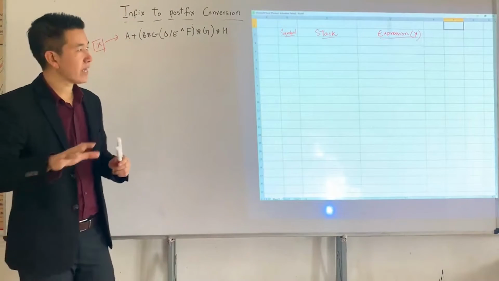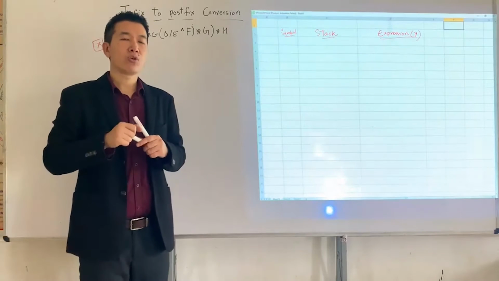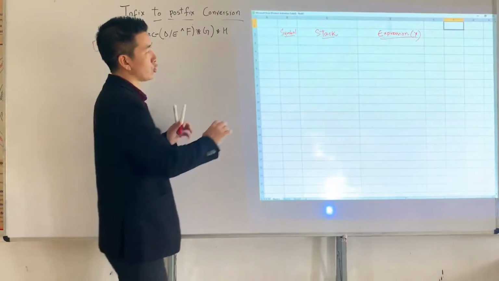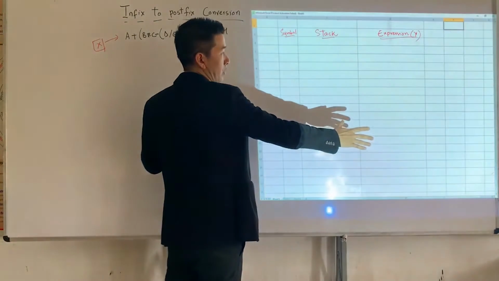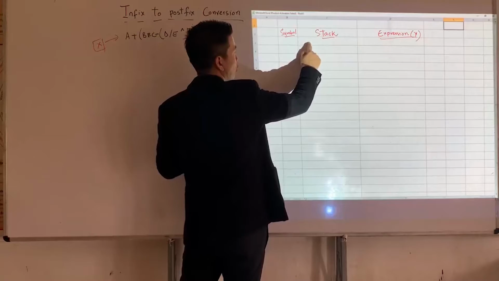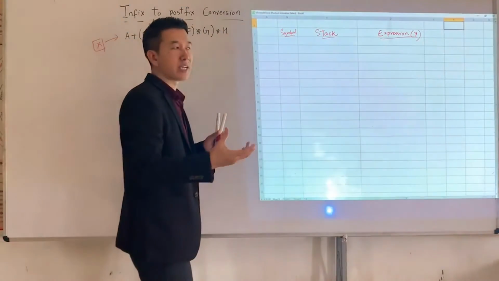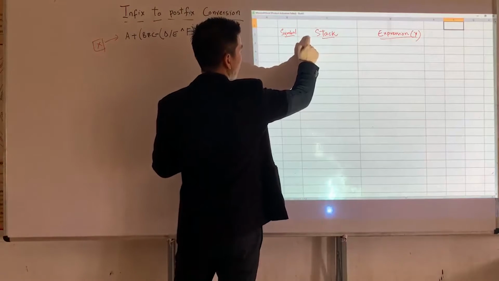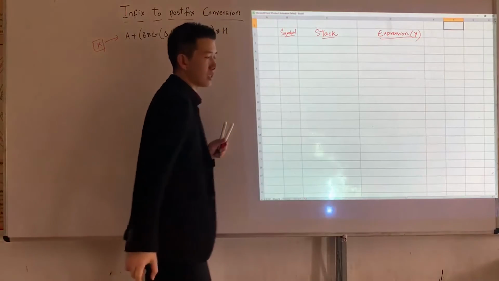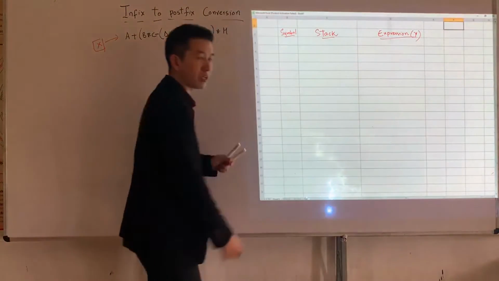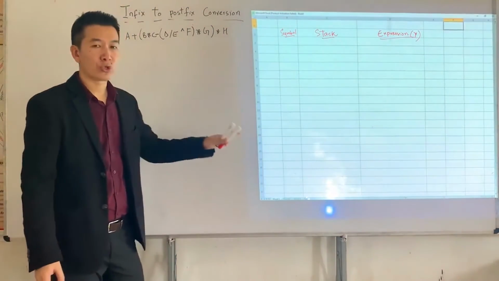Rule number one is, at the start of the conversion, you'll have to add an opening bracket onto the stack. Or technically, if I say it, we need to push the opening brace onto the stack. Likewise, at the end, I need to add a closing parenthesis.